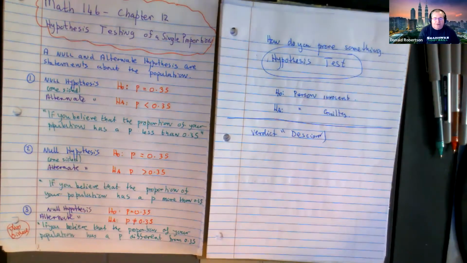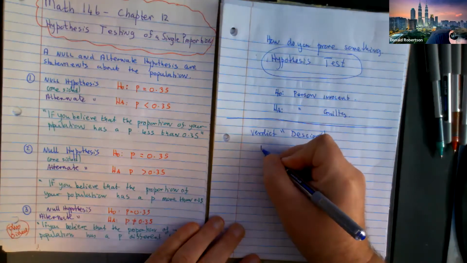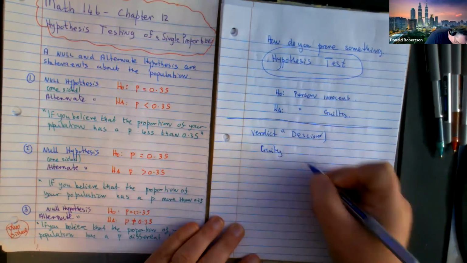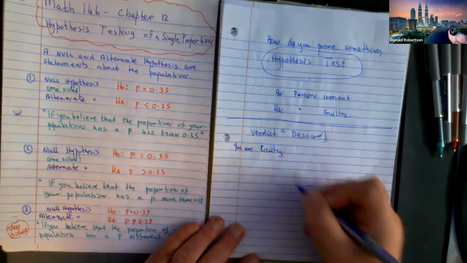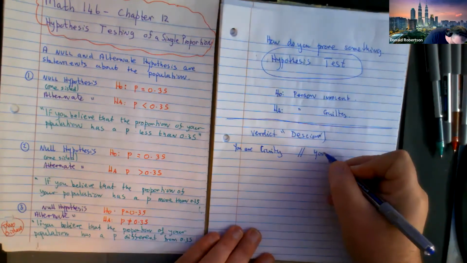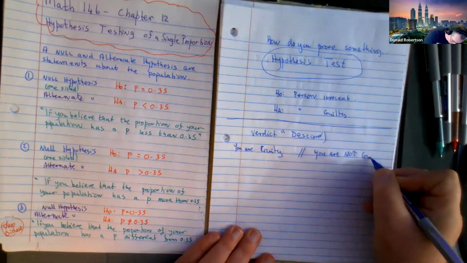There are two decisions. One is the jury says you were guilty, and the other says you are not guilty.